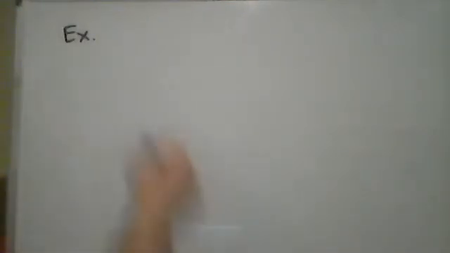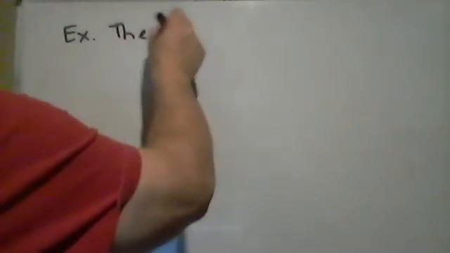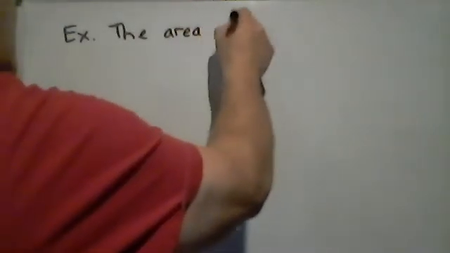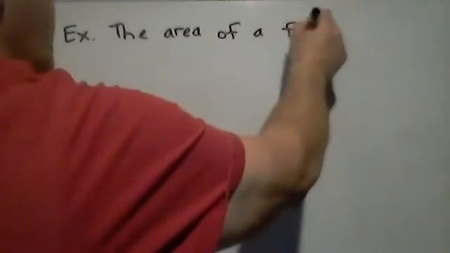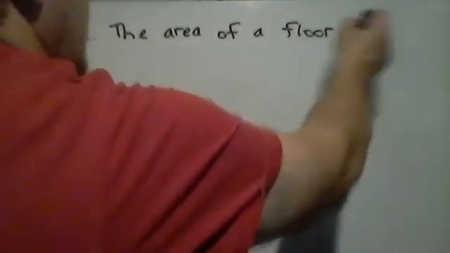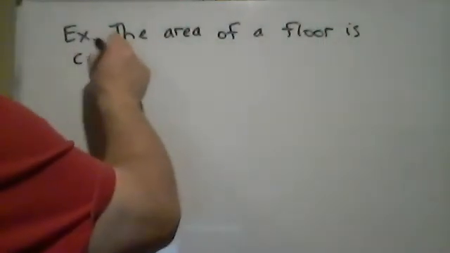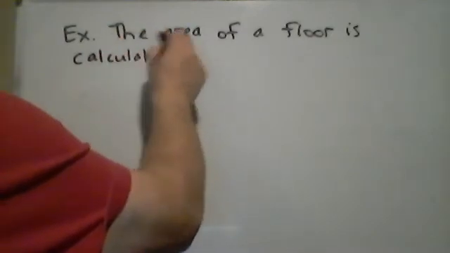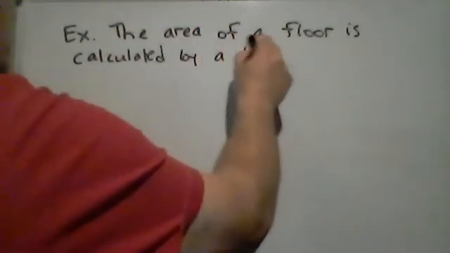So let's take, for instance, the area of a floor as another example. We're going to do a two-dimensional problem. The area of a floor, or anything really, is calculated by a length times a width.